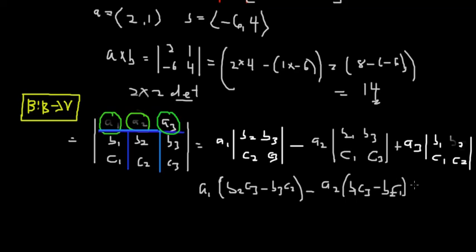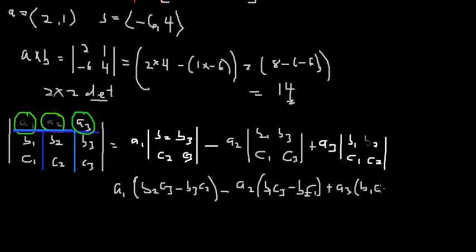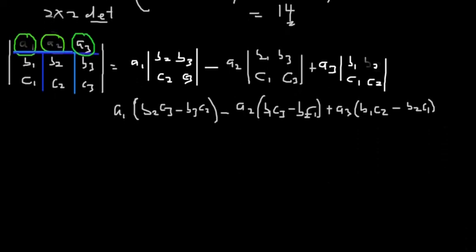And then you move on to A3, we have B1C2, okay, minus B2C1, okay? Now, let's proceed, okay?